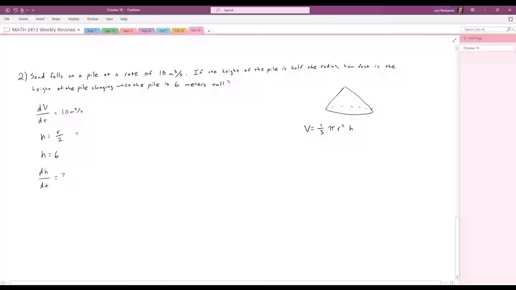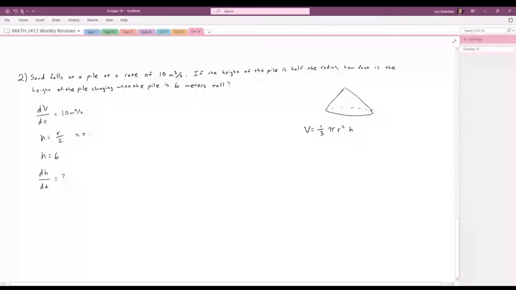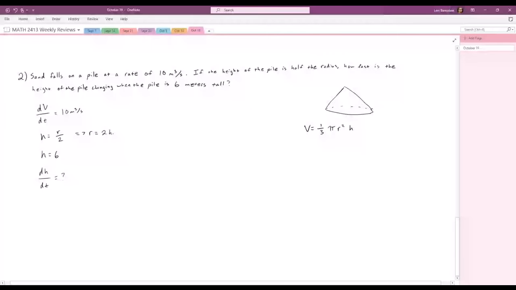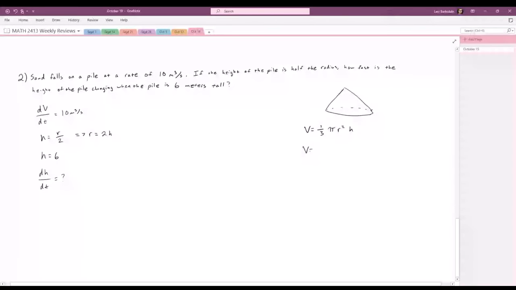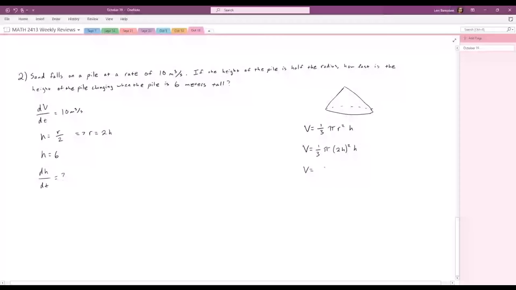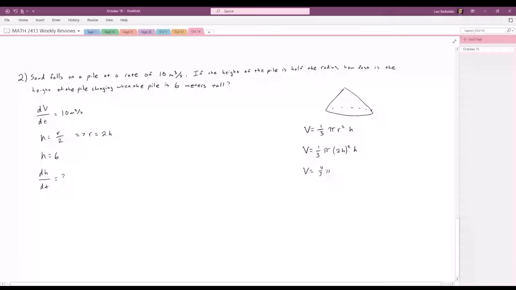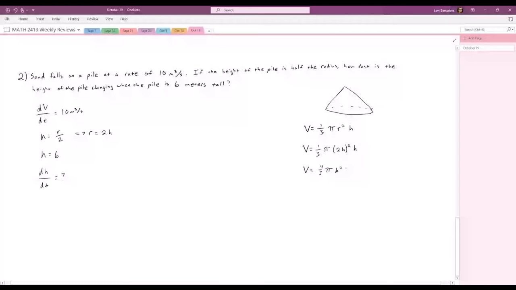If I wanted to get radius by itself, I could multiply both sides by 2, so radius is twice the height. Then I can substitute this in and say that volume is 1/3 times pi times (2h) squared times h. So volume is 4/3 times pi times h cubed. Now I'm ready to take my derivative. I'm looking for dh over dt, so I'll need to take the derivative in order to get that h.